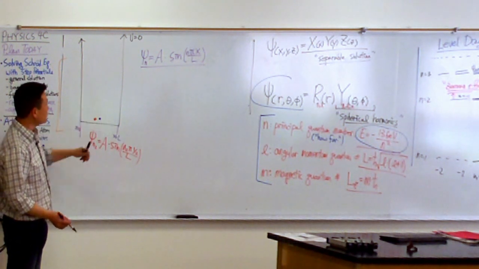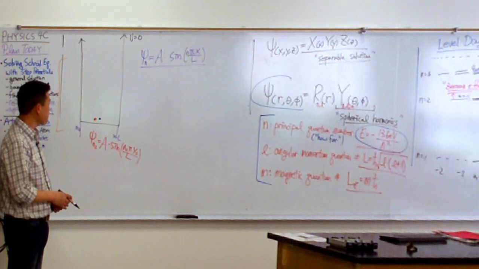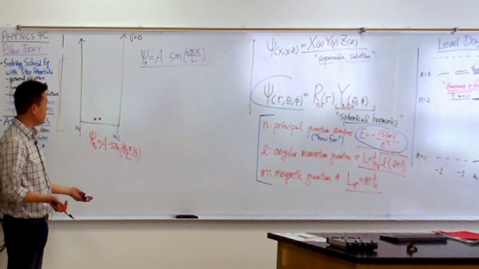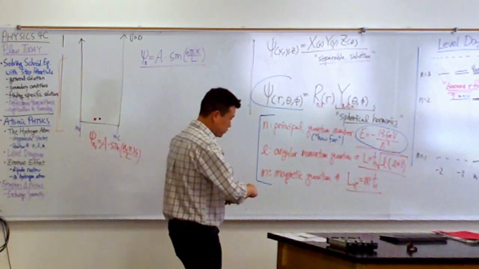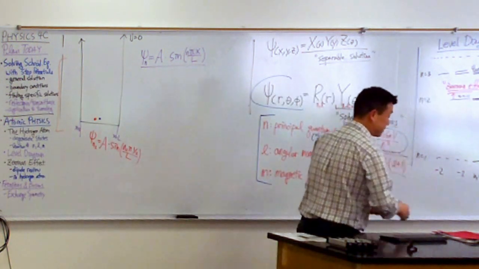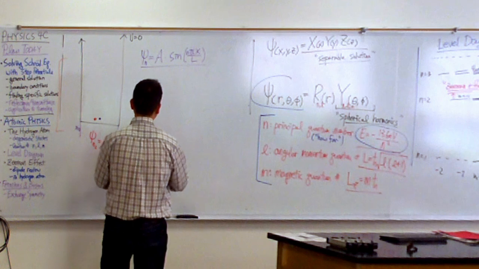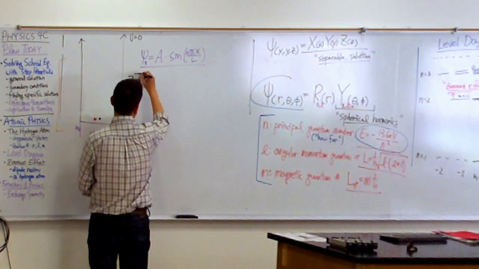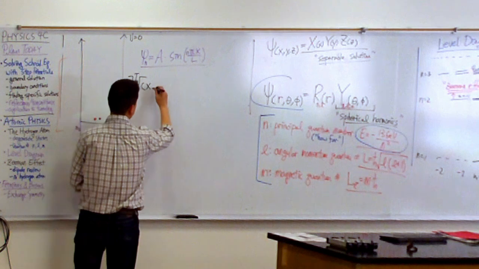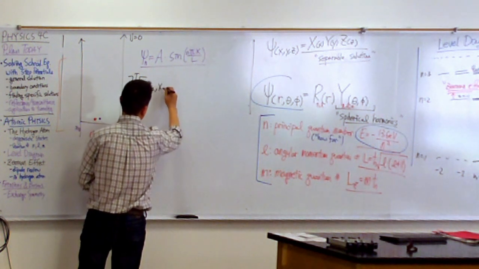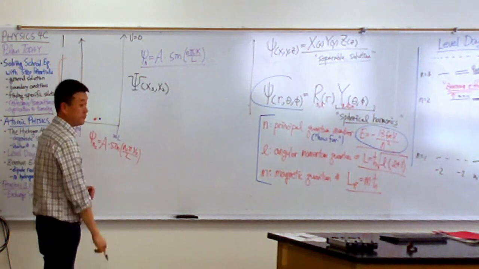Yeah. Now here's the question. What if I want you to describe the whole system in a single wave function? Psi of x1, the position of particle 1, and x2, the position of particle 2.